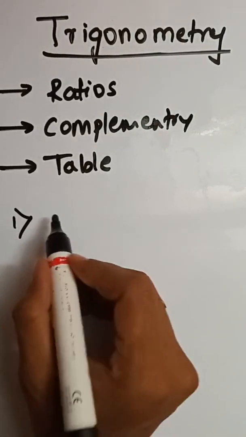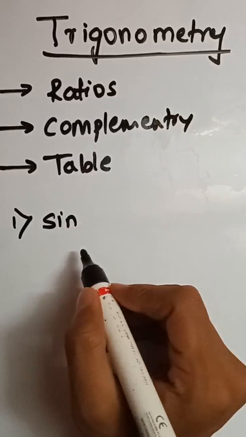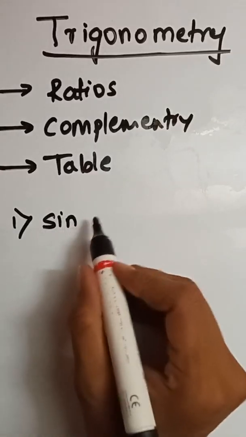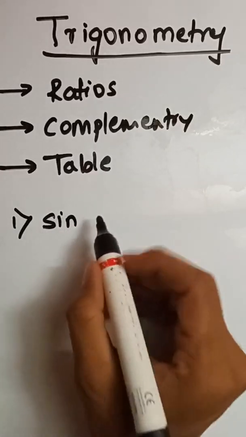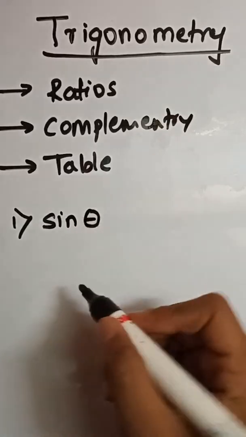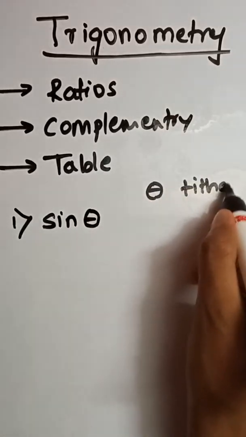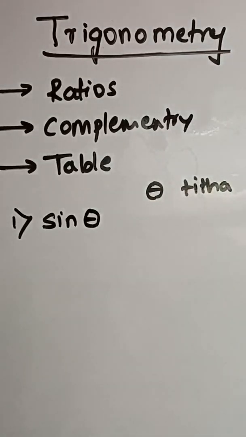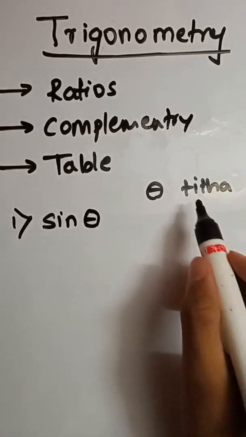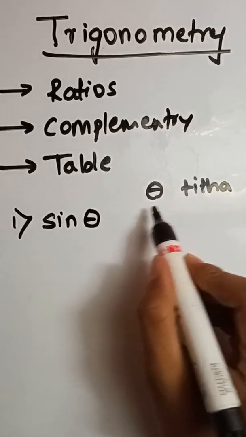The first ratio is sine of any angle. So that angle we take as theta.